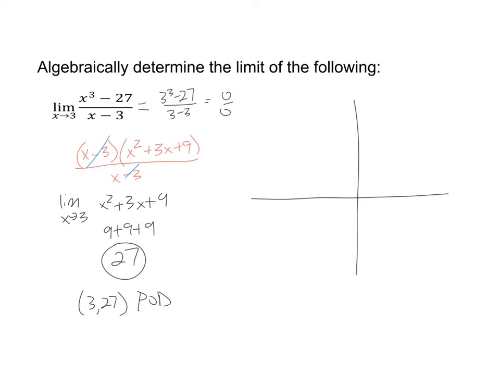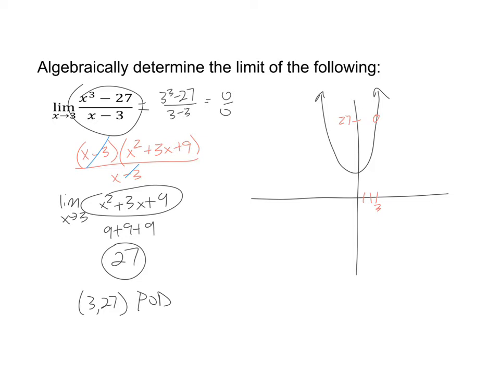If we graphed either our original equation or our simplified version, they should be almost identical graphs. If you put those in on your calculator, we end up getting a quadratic kind of graph that looks something like that. So what we're seeing is it's a continuous function almost everywhere except at the coordinate (3, 27). Way up here, we've got some sort of point of discontinuity.